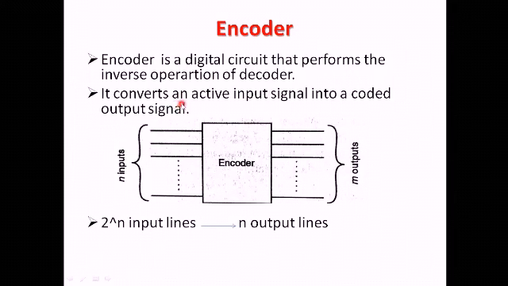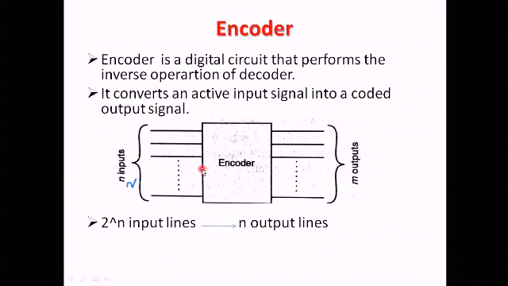Basically, you can see this is a black box, this is an encoder. There will be 2 to the power n inputs, which will be converted to m outputs. That is, it has 2 to the power n input lines, only one of which will be active at any time, and m output lines.